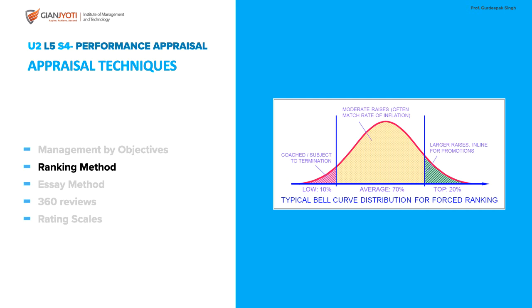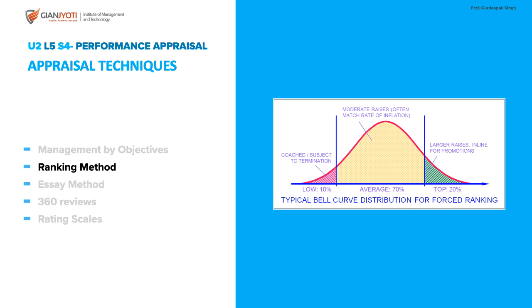Then around 70% of the people fall in the middle one, where they are performing okay, but they need more training and they are to be coached more. Here, the sales coming from the compensation is 2 to 3 times.